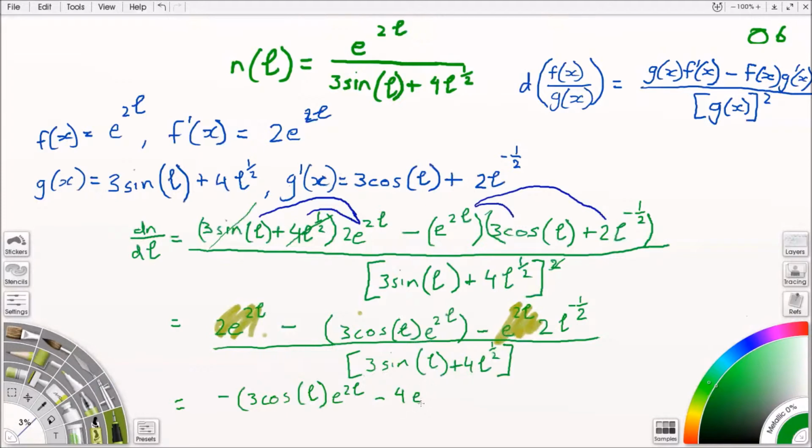For E, now that's negative, so that'll remain the same. And then, whoops, maybe. And that there's times by 2L. Oh no, it's not.